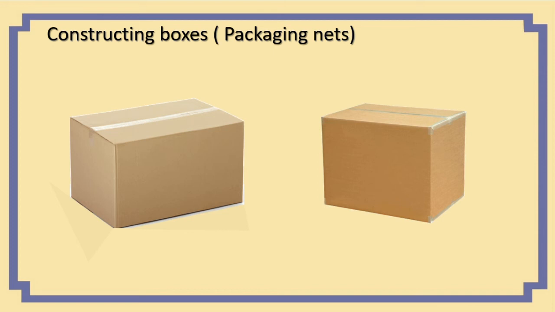How do you think they are made? Yes, do you know? How are they made? They are closed boxes. Isn't it? We get things from these boxes. Yes. Do you know how they are made? Okay.